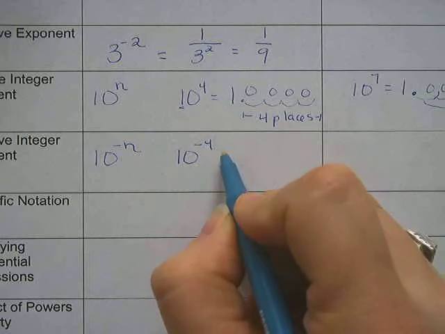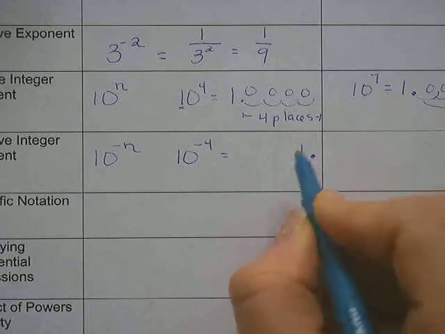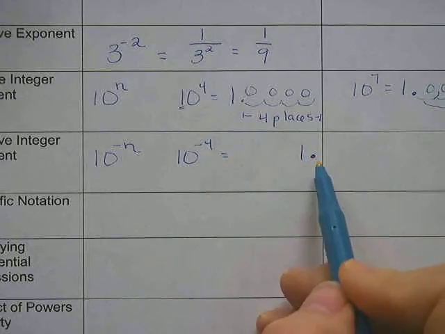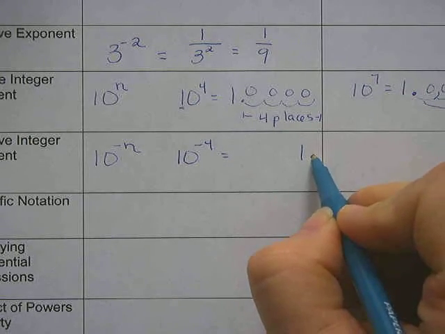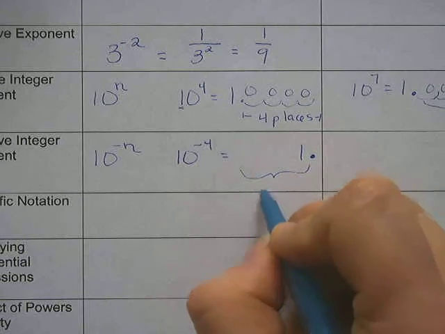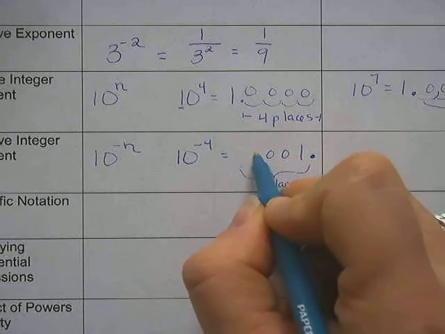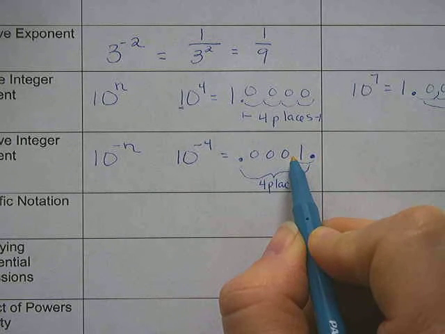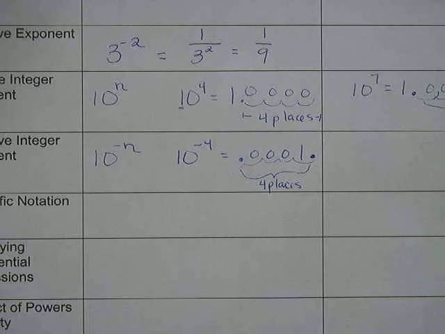So when we have something like 10 to the negative 4th, in this case we start with the number 1, and notice this time when I'm starting with 1, I'm moving it way over here because I know I'm going to move the decimal to the left and I want to have space. But notice that the decimal starts behind 1. So when we move 4 places, notice that it's really only going to be adding 3 zeros, because the first movement gets us behind the 1. So there's 1, 2, 3, 4.